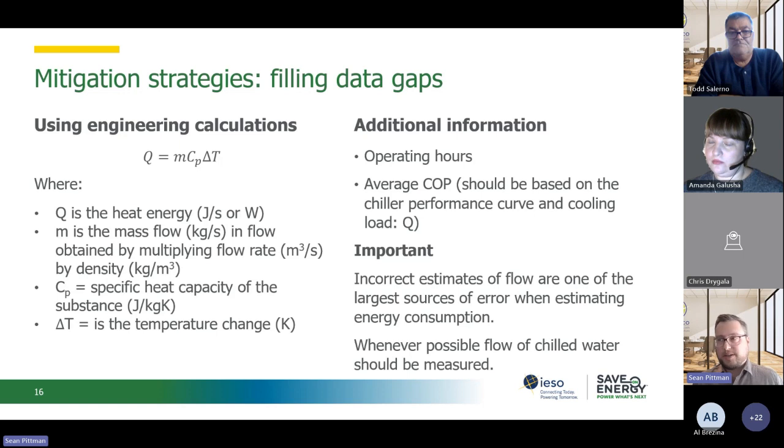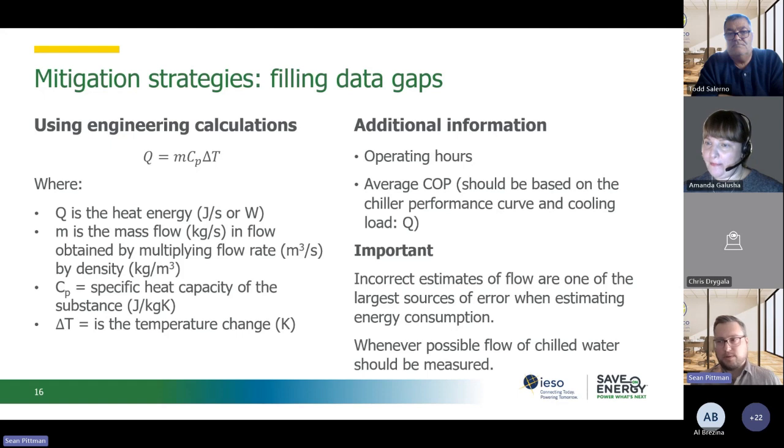Using operating hours and average COP are great ways to fill in data gaps. If you're using average COP, you can base that on the chiller performance curve and the cooling load. So finding Q, finding the chiller performance load, and then you could potentially get a rough estimate of input kilowatts if you don't have that.